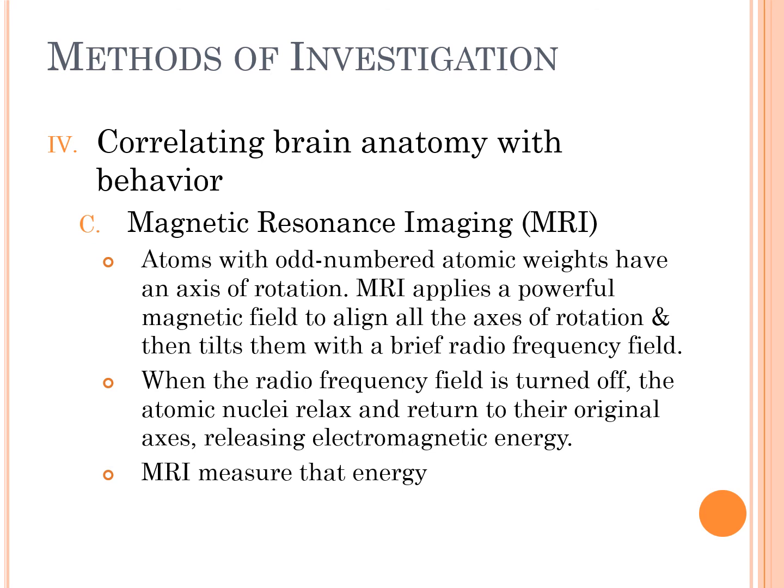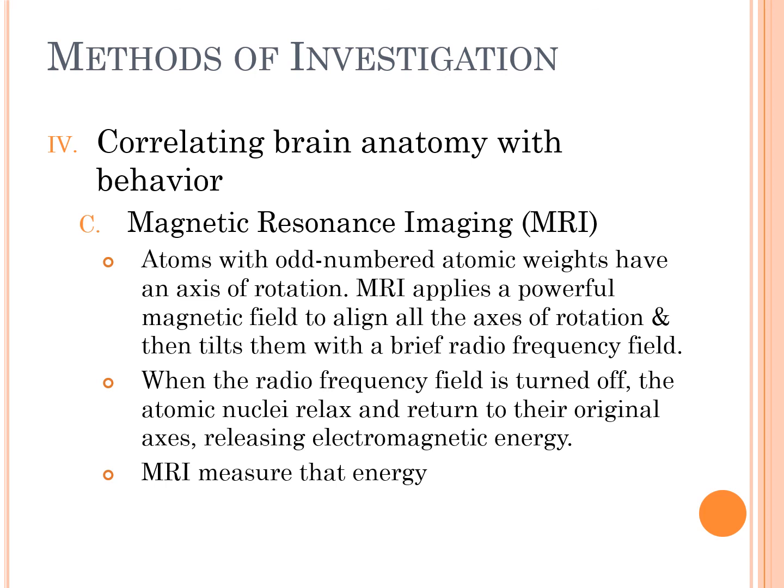When we're in the magnetic resonance imagery, we have this magnetic field. We're using those radio waves and the computerized enhancement to interpret that information and give us an idea of the structure. And what's happening in that magnet, so atoms with odd numbered atomic weights have a certain axis of rotation, and so different structures in our body have different amounts of water.